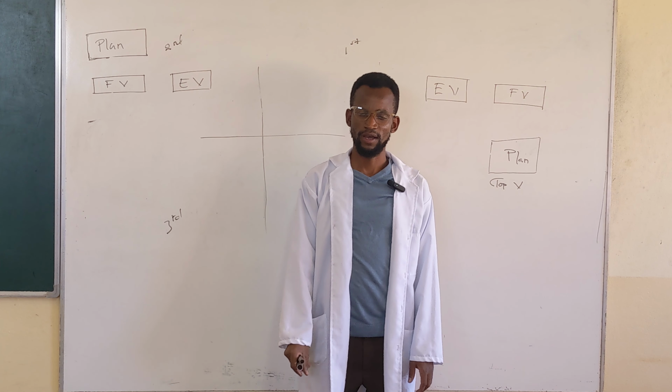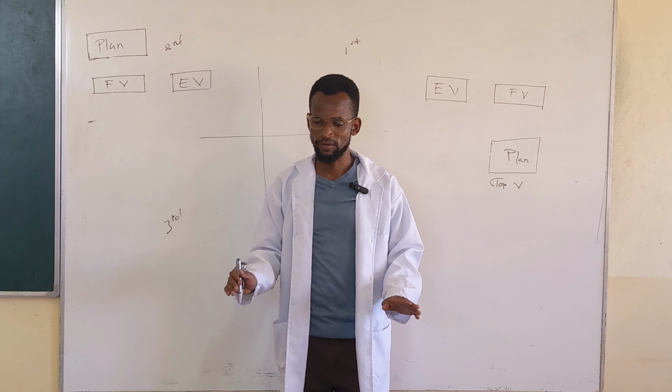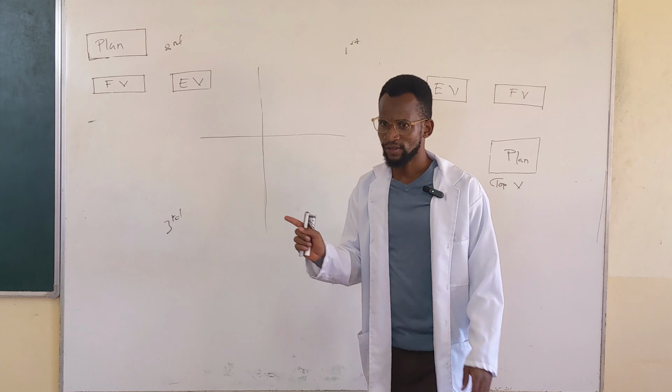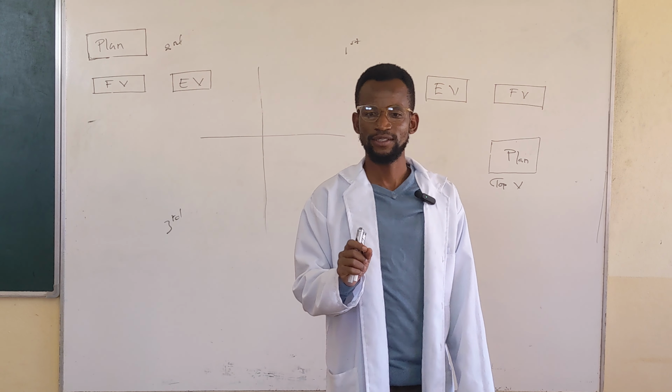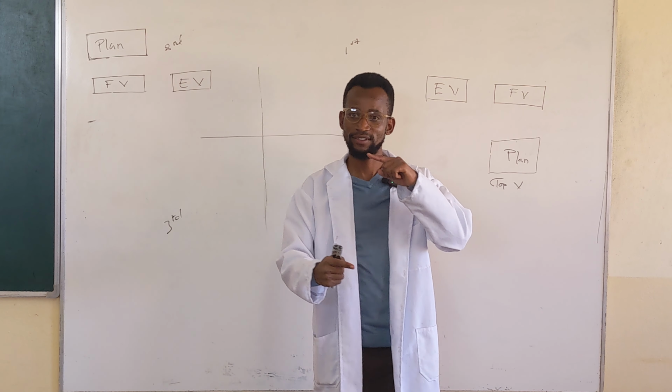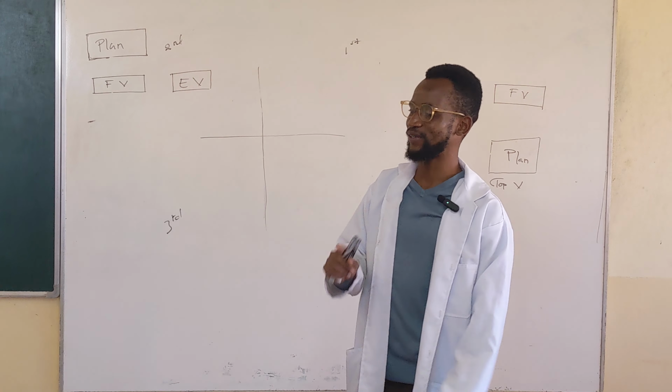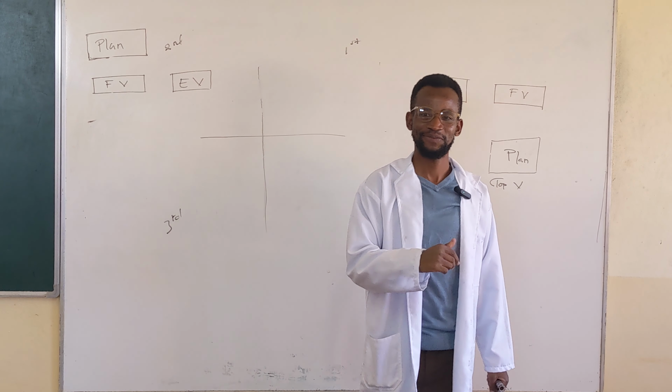That is the simplest way of doing it. But if you don't understand this, there's a very high chance that you might forget and then interchange them. That's the reason why it's very important that you understand what is happening here.